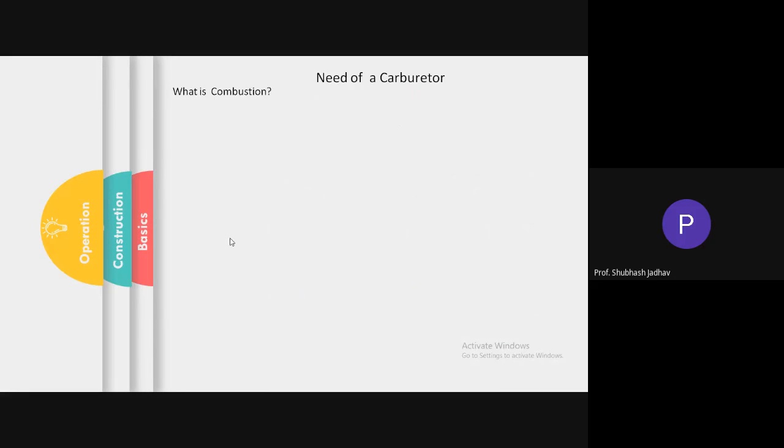So in order to understand the carburetor, first we should understand what combustion is. That will help in better understanding what a carburetor is. So what is combustion basically? As we have discussed earlier, combustion is a process of burning the hydrocarbon fuel, and this burning process is an oxidation process.